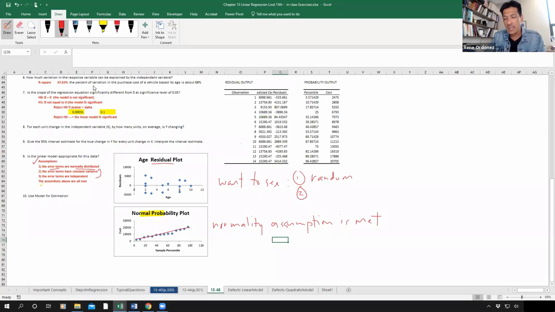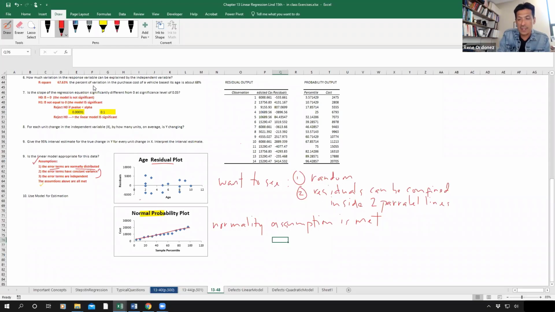And two, that residuals are confined inside two parallel lines.